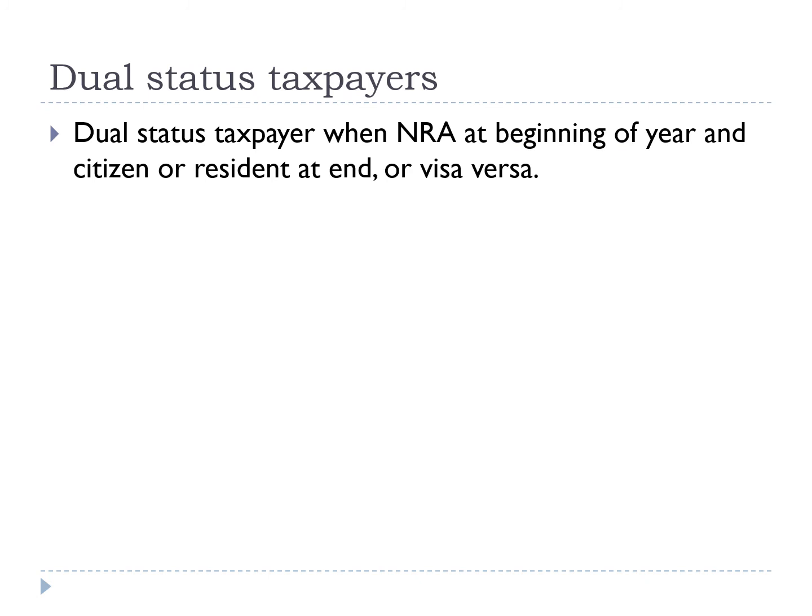A dual status taxpayer is an alien individual that is classified as a non-resident at the beginning of the year and a resident alien or citizen at the end of the year.